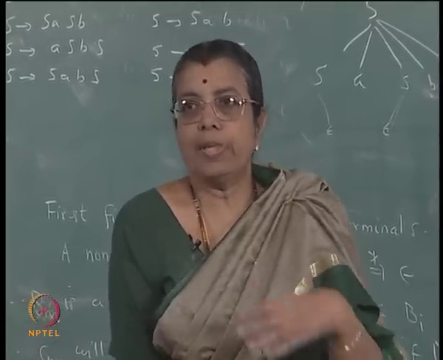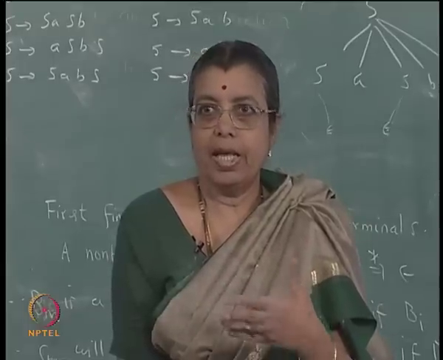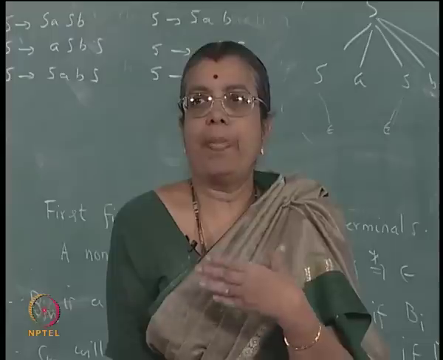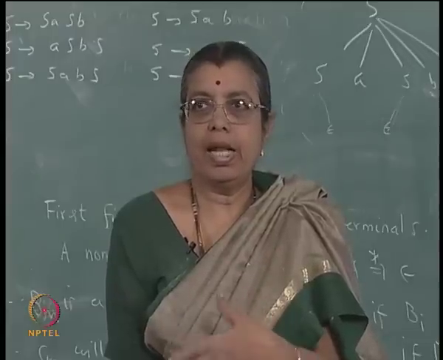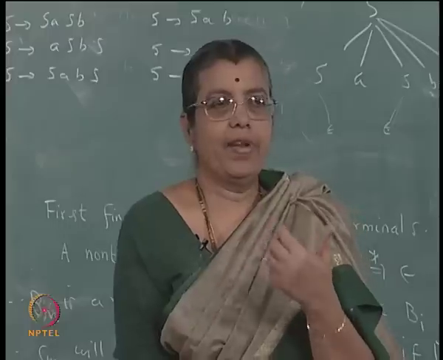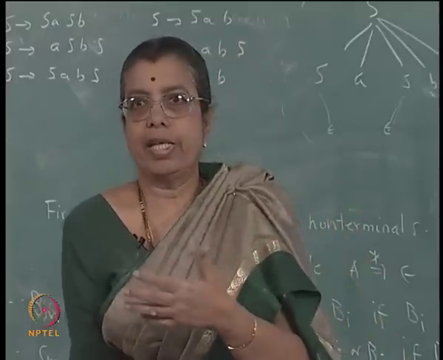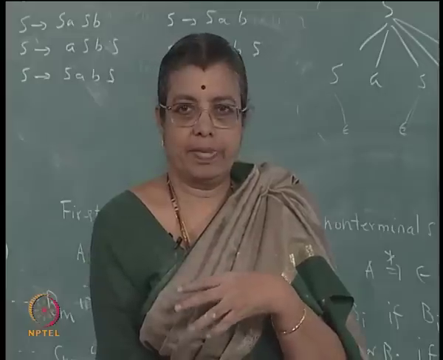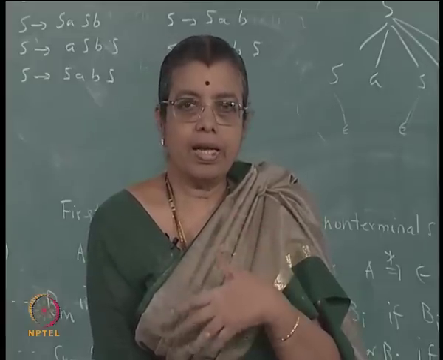So, remove the epsilon productions first, then remove the unit productions, then apply lemma 1, then apply lemma 2. That is, lemma 1 is every non-terminal should derive a terminal string, lemma 2 is every symbol is reachable from S. This is the order in which you have to do it.